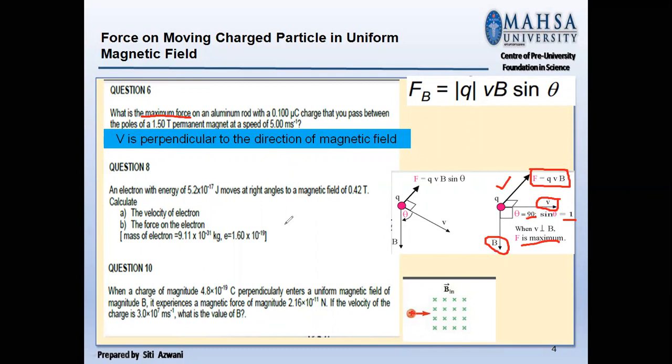Your V is perpendicular to the direction of your magnetic field B. So you just solve by using the formula F equal to QVB. But if the angle between B and V is less than 90 degrees, you need to consider it in your calculation. Put the value of your angle into the formula to calculate your FB, the force due to the magnetic field B. Is it okay?